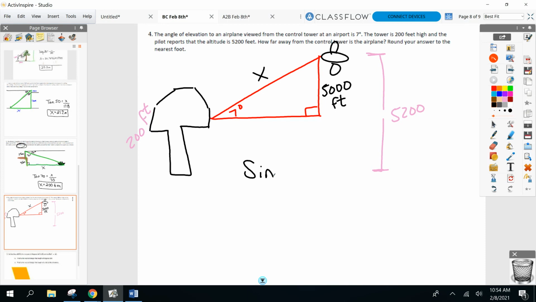Sine of 7, opposite 5,000 over x. So hopefully now you're dividing both sides by the sine of 7 to get x by itself. And round your answer to the nearest foot. My diagram was in feet, so we're all good.